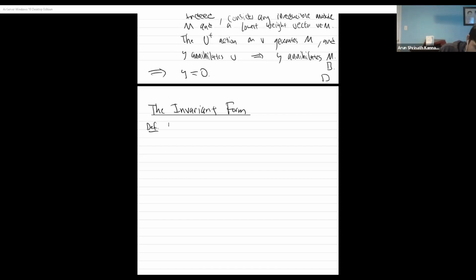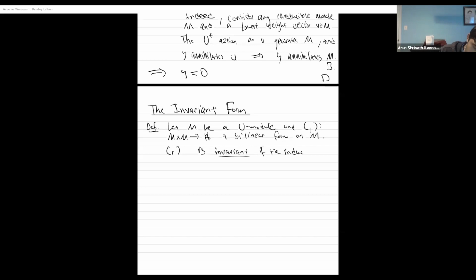So let M be a U module, and let this form on M cross M be a bilinear form on M. This pairing is invariant if the induced map M tensor M to K is a homomorphism of U modules, where we view K as a trivial U module.